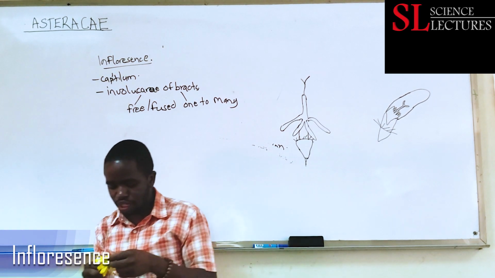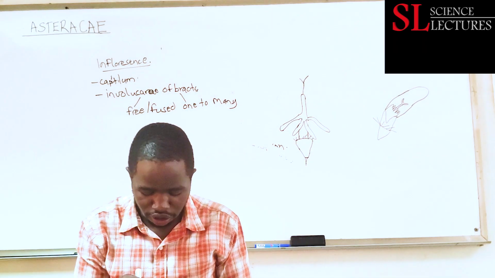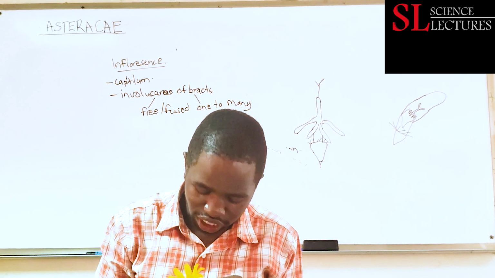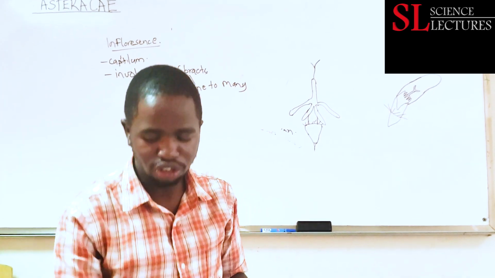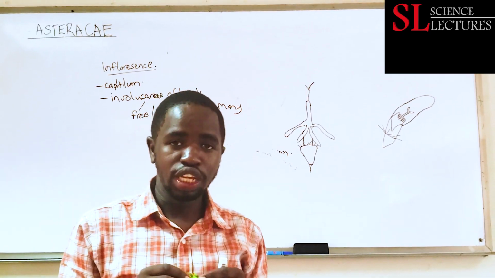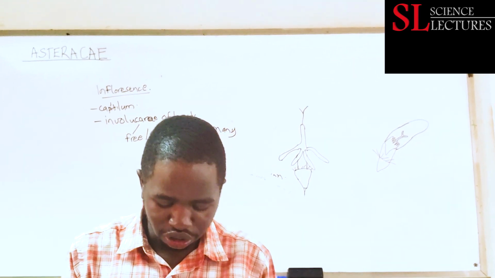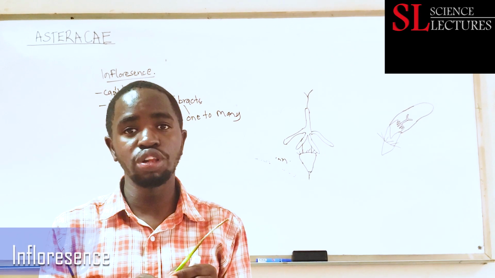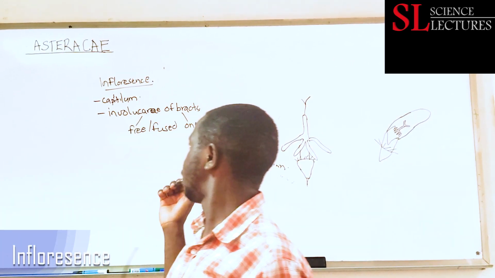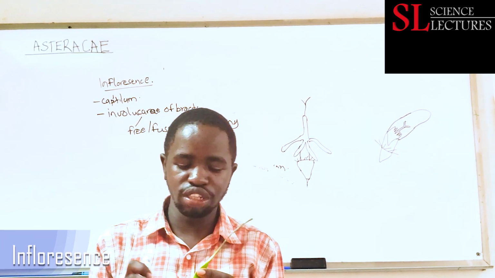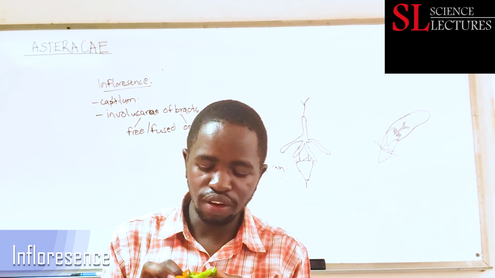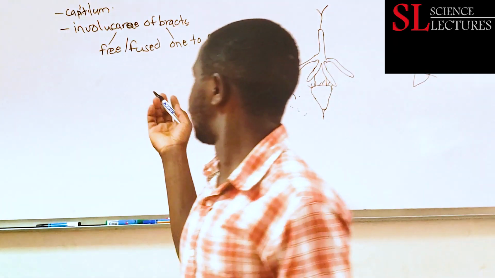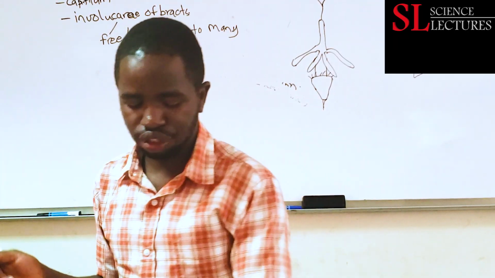In this flower, the involucre bracts were removed, but you would have seen them clearly. Behind the flower, we tend to have leaf-like structures, and they are what we call the bracts. The bracts can be many, as you are seeing in this flower, or they can be one, and they can be free or fused.